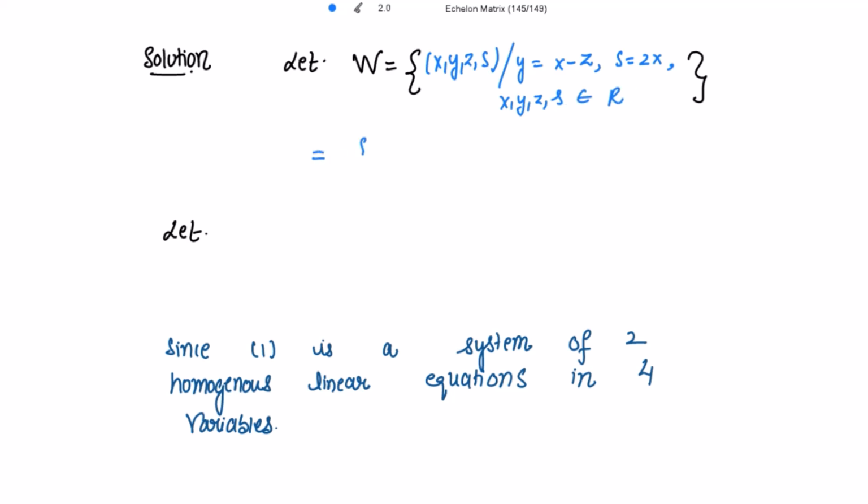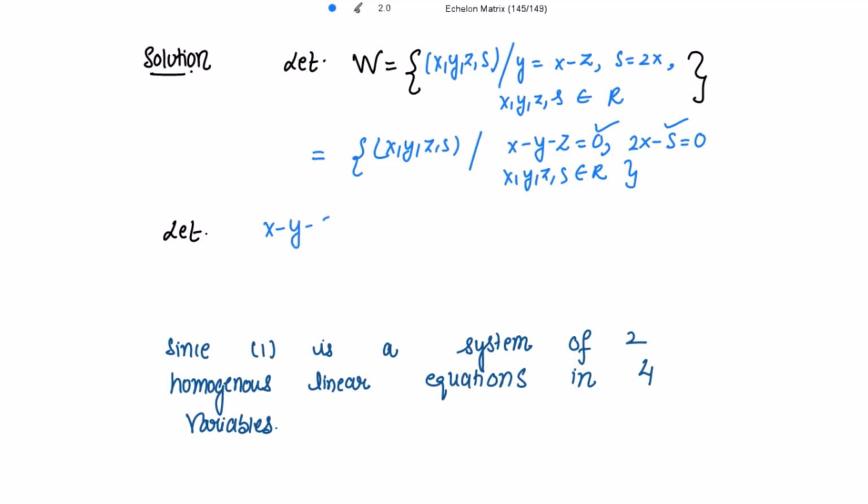We can also write this further as x, y, z, s, the vectors, such that x minus y minus z is equal to 0 and 2x minus s is equal to 0 for x, y, z, s belonging to the set of real numbers. So let's take these two equations. So x minus y minus z is equal to 0 and 2x minus s is equal to 0.